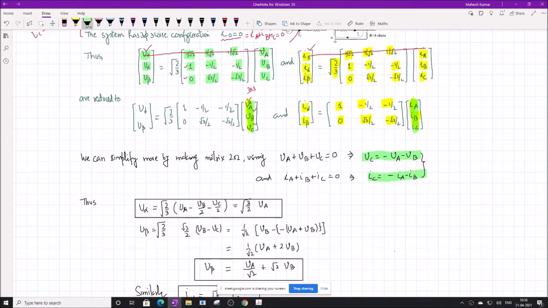So what is V alpha? From the first row, it is VA minus VB by 2 minus VC by 2, times root 2 by 3. Now we express VB and VC in terms of VA, so this minus VB by 2 minus VC by 2 becomes VA by 2.